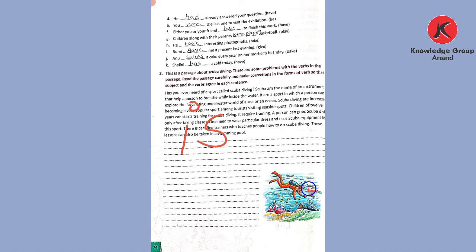Scuba diving, instead of are we have to use is. Scuba diving is increasingly becoming a very popular sport among tourists visiting seaside spots. Children of 12 years can start training for scuba diving.